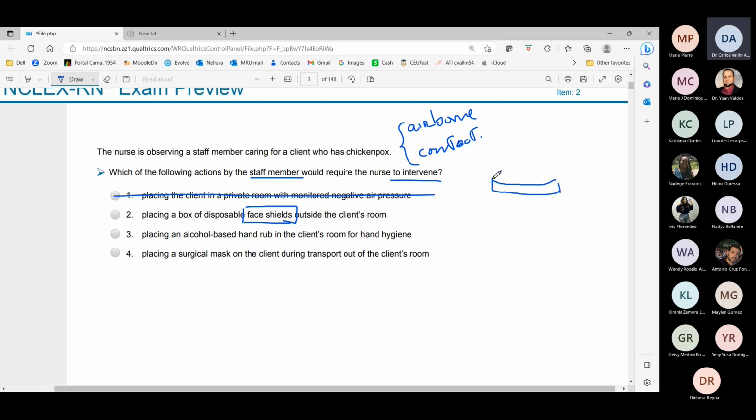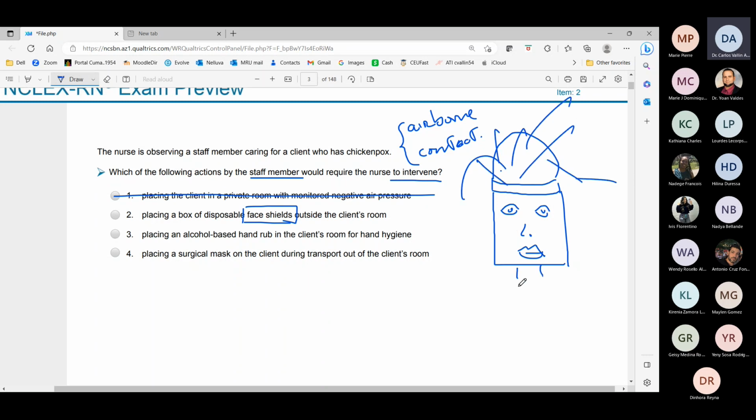It's a transparent plastic barrier fixed on the head of the person, covering the eyes, the nose, and the mouth, which are our portals of entry. It is a face shield, okay.